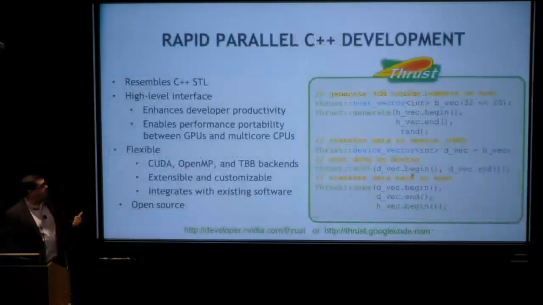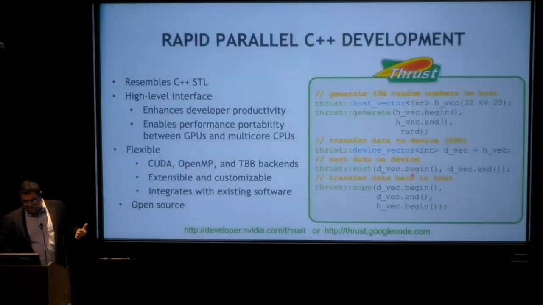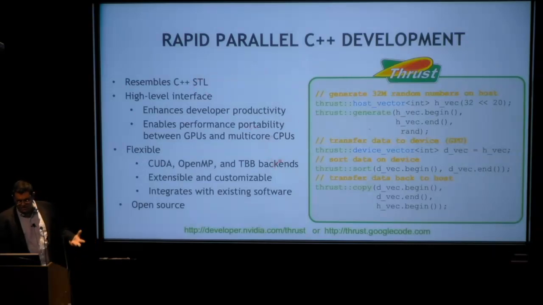The other library you can use is Thrust, which is another interesting C++ library. It's all offered in the HPC SDK. It resembles the C++ STL. It has a high-level interface to enhance your productivity. It's flexible and powerful as well, and enables highly efficient GPU code to be written. So if you look here, you have this host vector. Then we're going to generate some data into this vector.